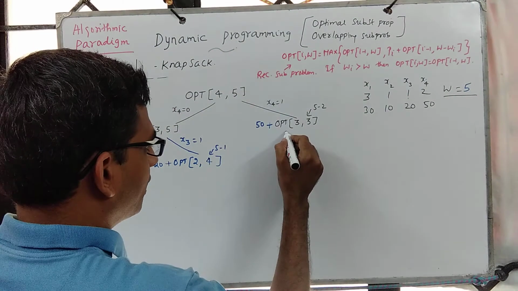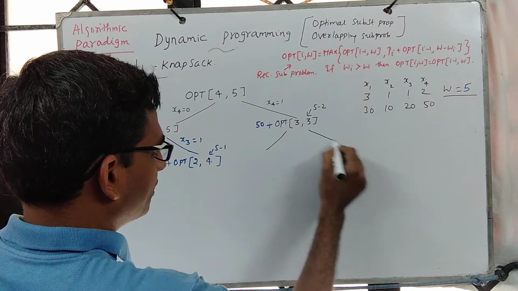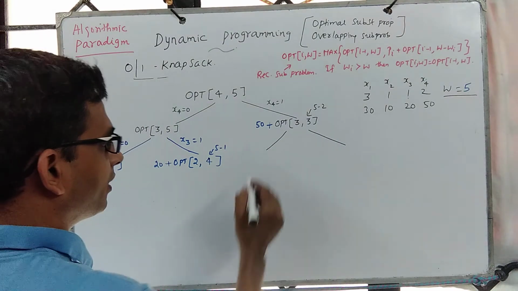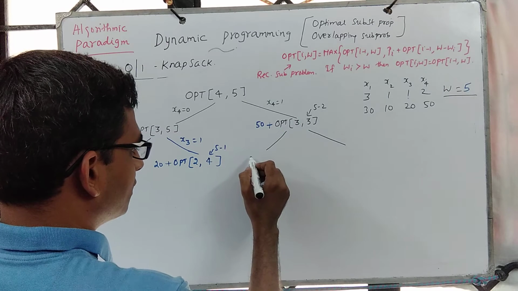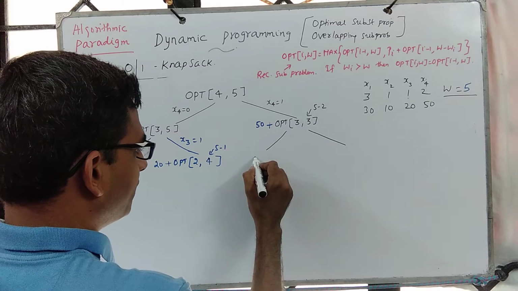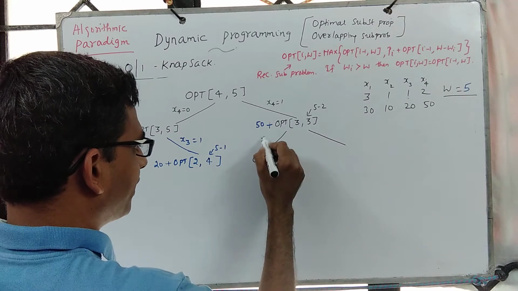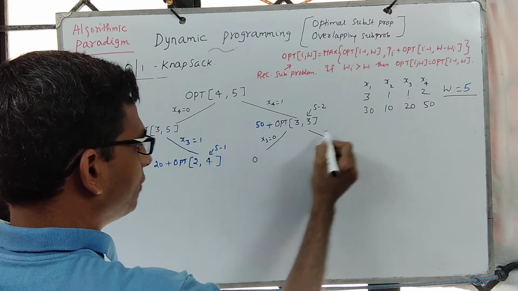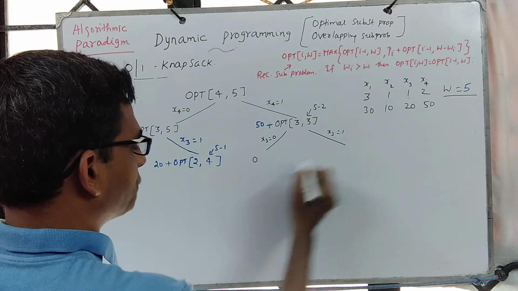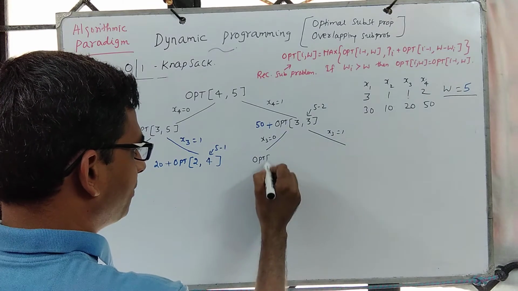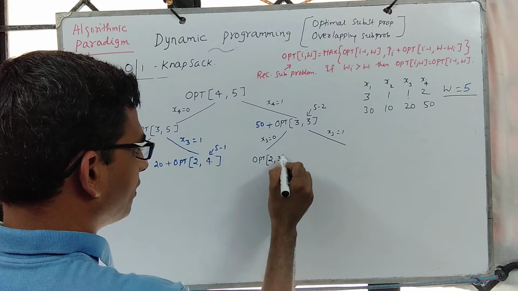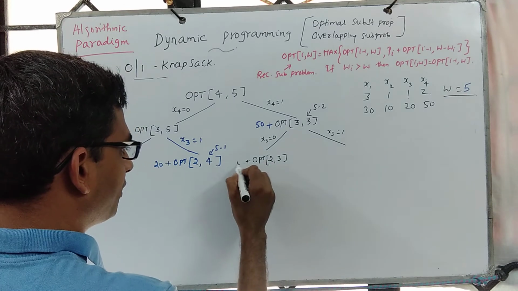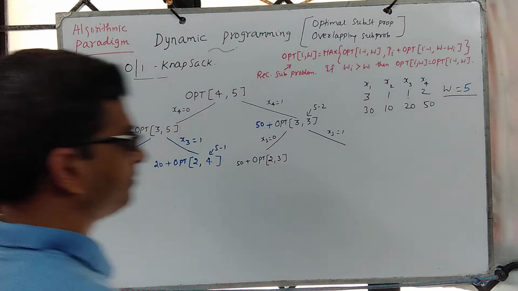Correct? And so on the other side, we will have this subproblem. This subproblem is over here, x3 equals 0 and x3 equals 1, which means opt of 2 comma 3, and whatever profit we have so far, that will come here.